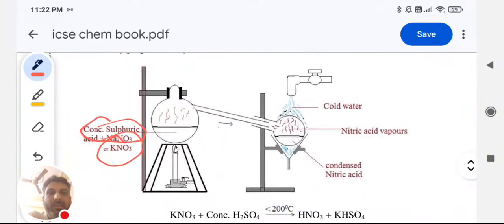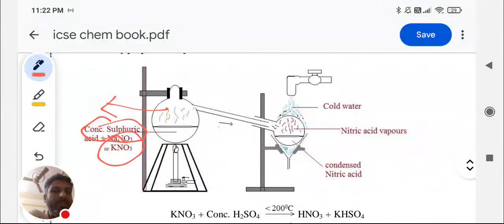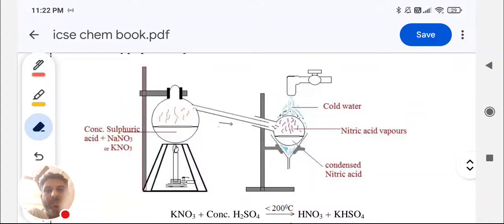So in this glass apparatus, which is called a retort, you are taking the mixture of concentrated sulfuric acid and sodium nitrate. Or instead of sodium nitrate, we can take potassium nitrate as well. And when you heat it, it produces nitric acid vapors in this glass apparatus.